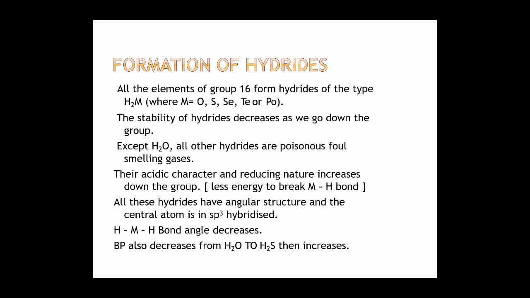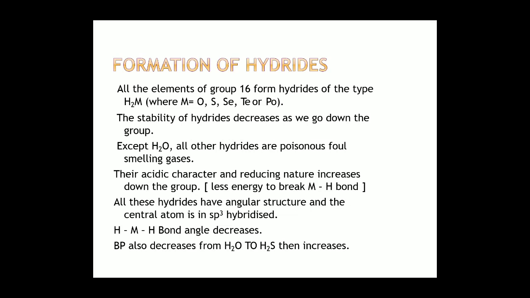Now we are coming to the different properties. First property, formation of hydrides. As we know, when a group member reacts with hydrogen, it gives its hydride. Like all the elements of group 16, hydrides are of the type H2M, where M is any member like oxygen, sulfur, selenium, tellurium and polonium.